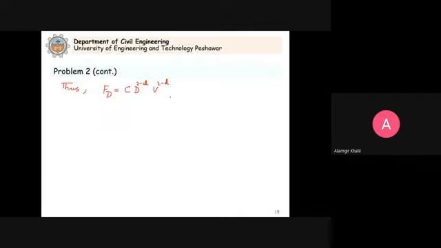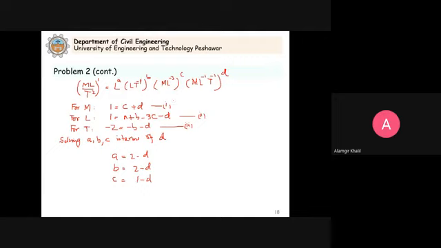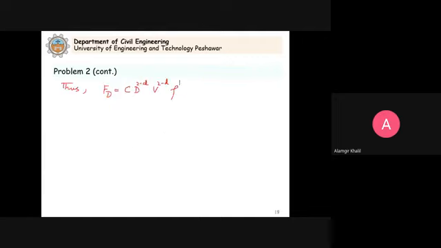And then we have rho, which is power C, that is 1 minus D here. And we have mu, which will be power D.